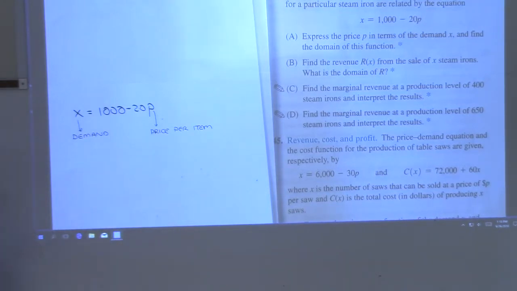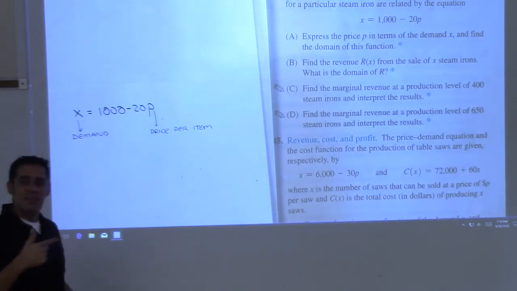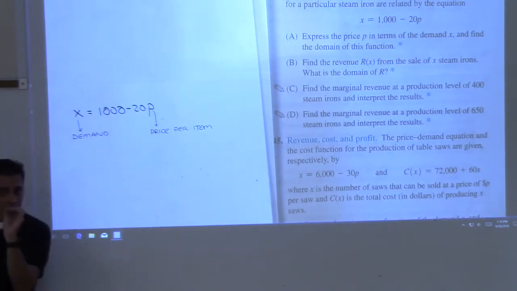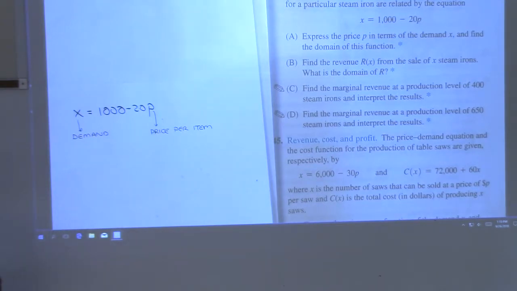This equation is relating the demand, which is how many people want them, to the price at which I'm going to sell them. So according to this model, if I set my price at $0, what's the demand? According to this model, you said 1,000?